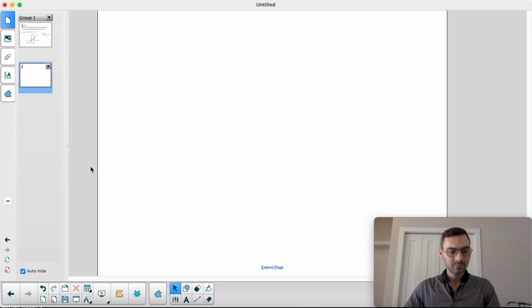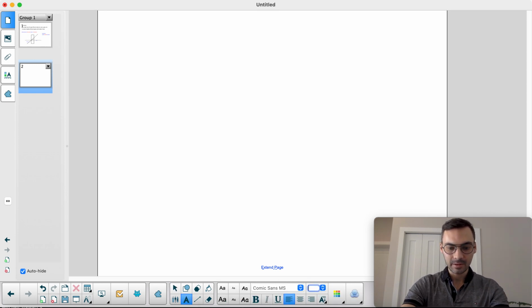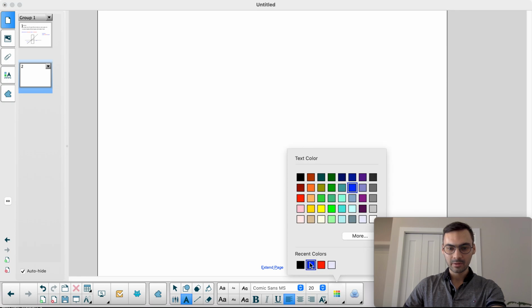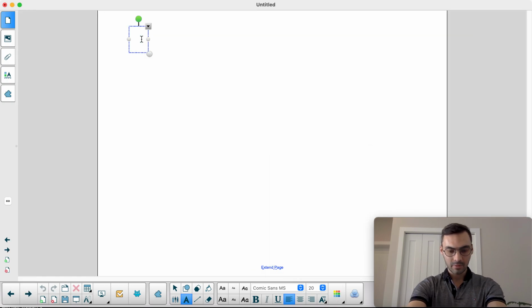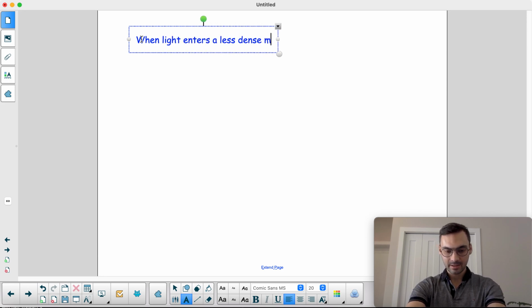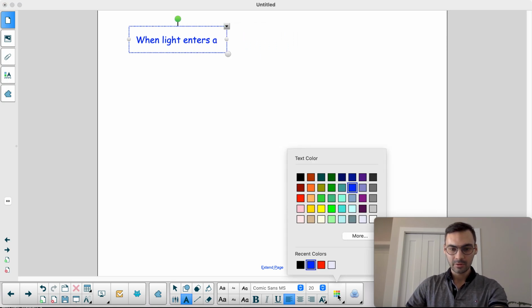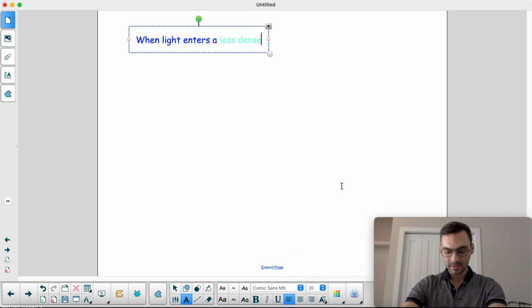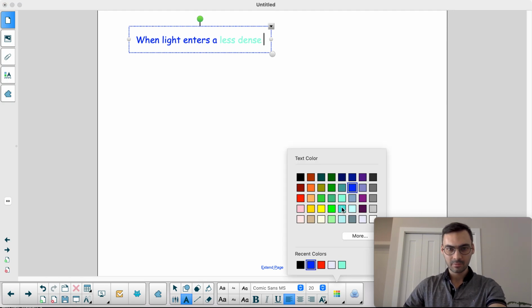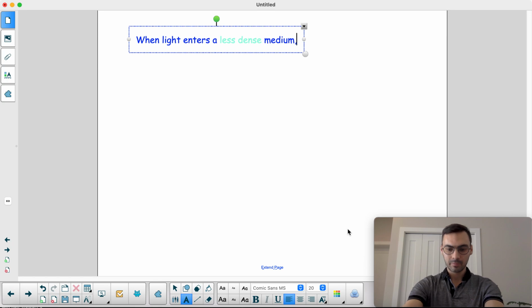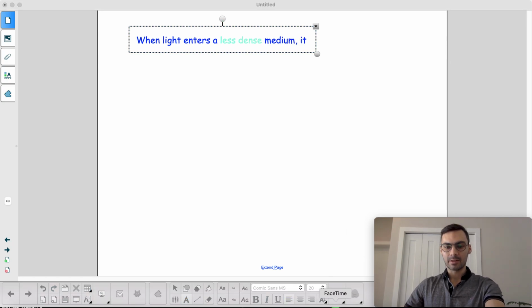And we are going to do the exact same one for 1B, so the diagram for 1B. And that one is going to look like, let's get this down here, let's get our notes. Color-coded, of course. When light enters a less dense medium, let's do turquoise this time, less dense medium, now it's going to be the opposite.